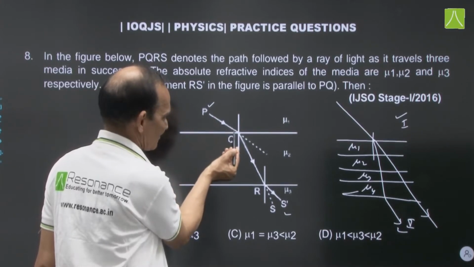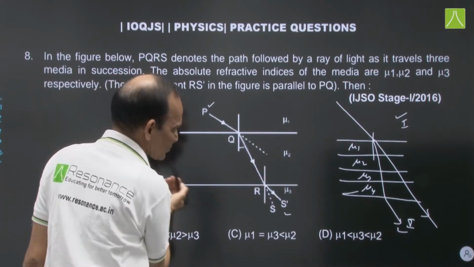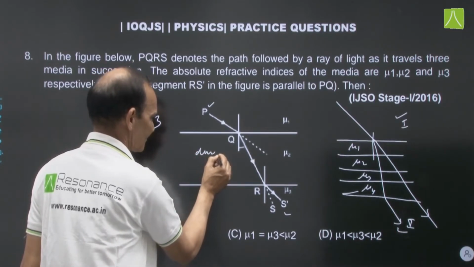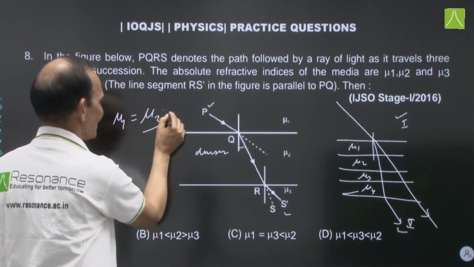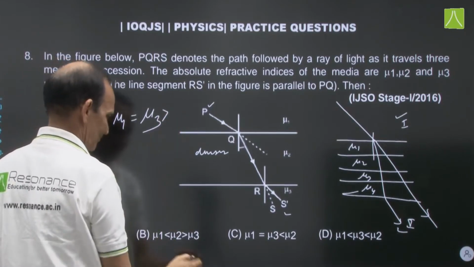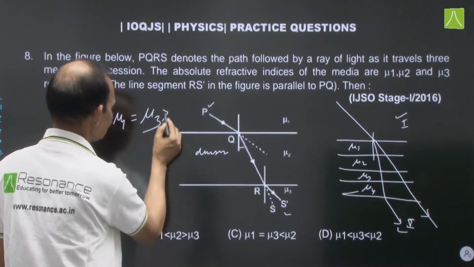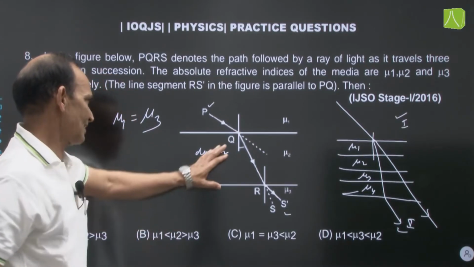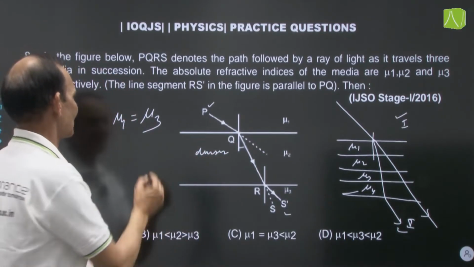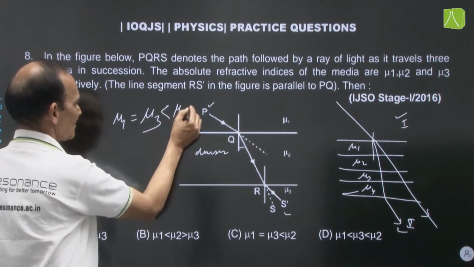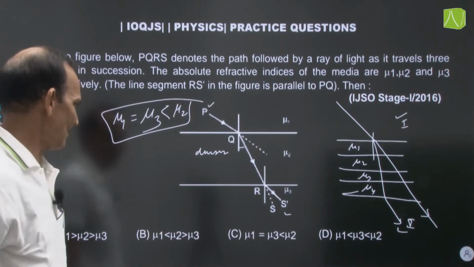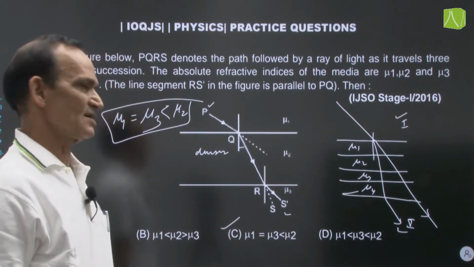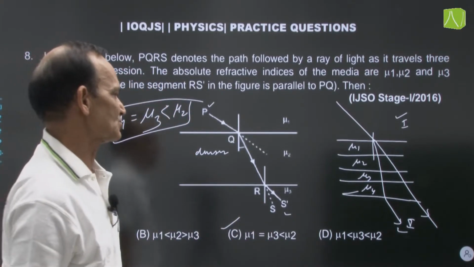The incident ray PQ is bending towards the normal, it means mu2 is denser, so mu2 is greater, it means mu1 and mu3 are less than mu2. That's the answer. So mu1 is equal to mu3, which is less than mu2. So the correct option is C.